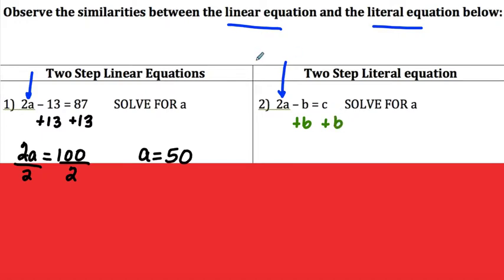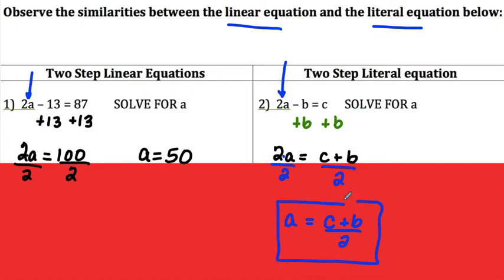They're not like terms. So what we end up getting is 2a equals c plus b. Then the next step would be, since 2 is being multiplied to the a, we divide both sides by 2. So a represents c plus b over 2. And that is solving a literal equation for a variable.